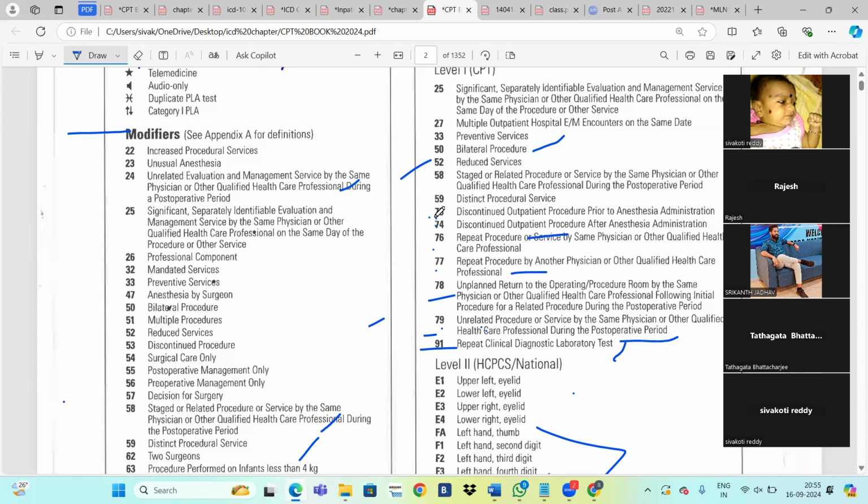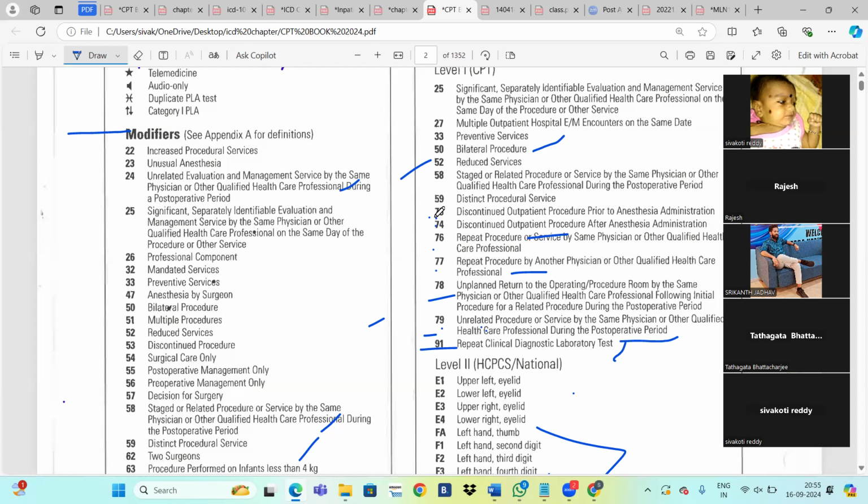But before administration of anesthesia, suddenly hypotension happened, tachycardia happened, fits came. The anesthesiologist informed the surgeon, and the surgeon cancelled the procedure. But they did all the workup, right? For that, at least they get some benefit, no? That's why you need to add 73.